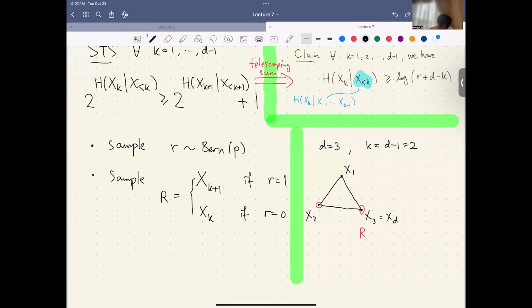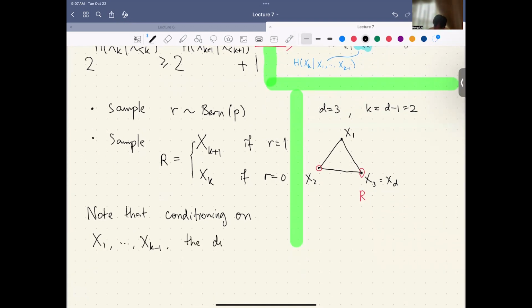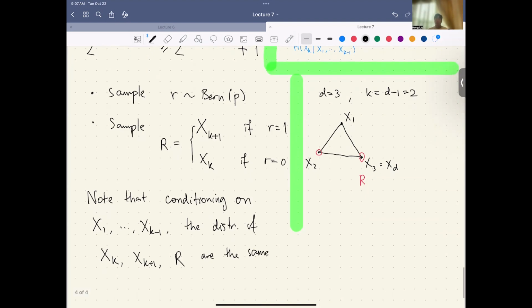Note that conditioning on x1 to xk minus 1, the distribution of xk, xk plus 1, and r are the same.